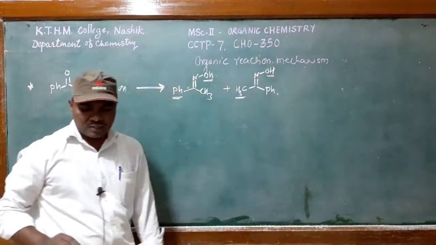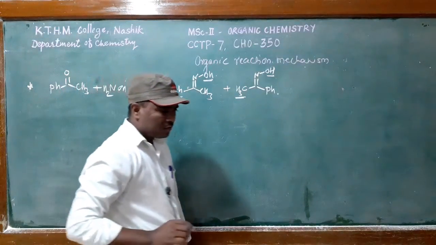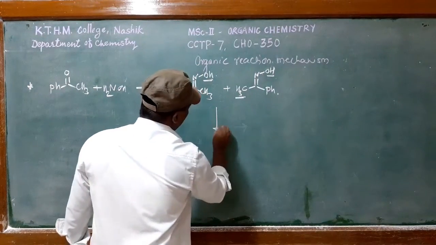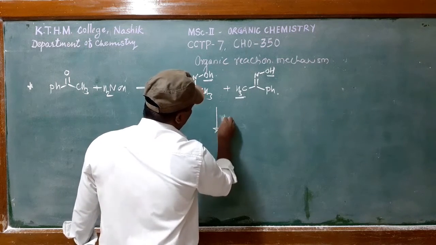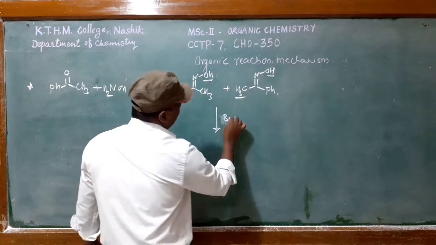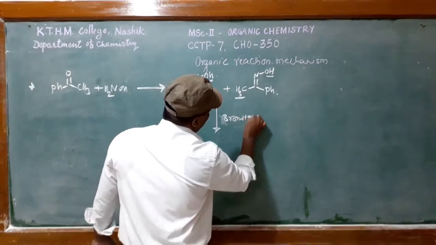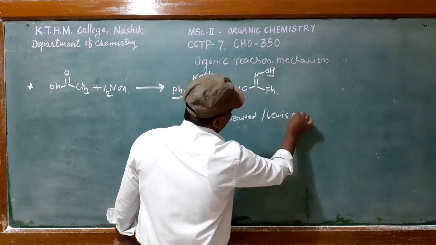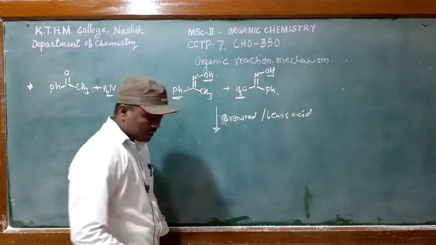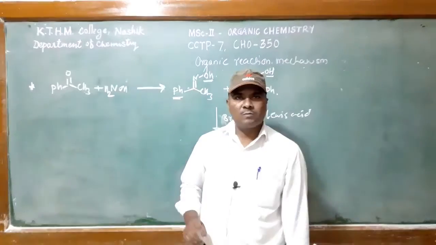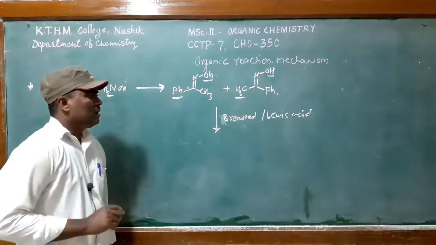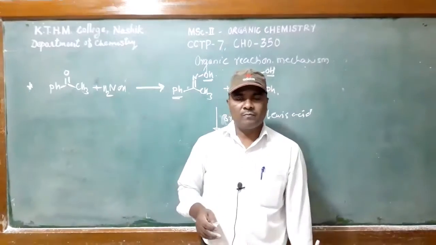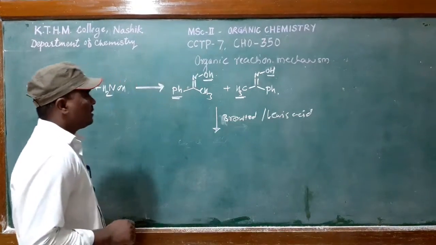In the presence of a Brønsted acid or Lewis acid, Brønsted acid H plus, which gives H2SO4, HCl, and Lewis acid such as PCl3, PCl5, these reagents are used in the Beckmann rearrangement.